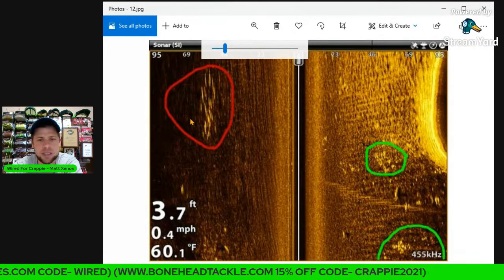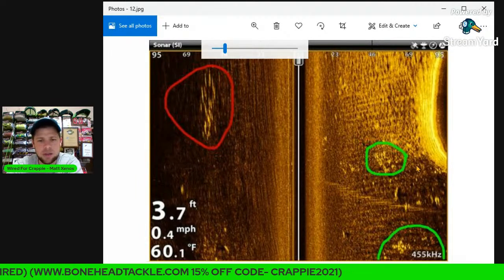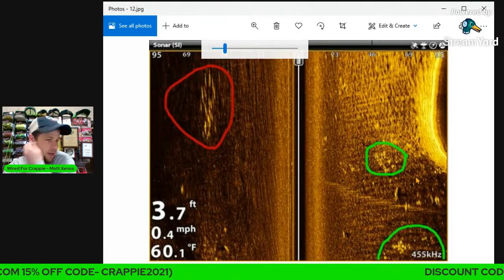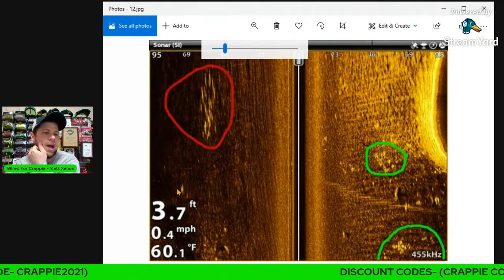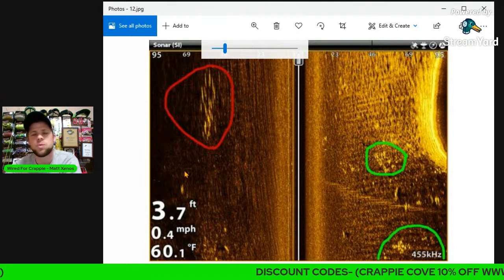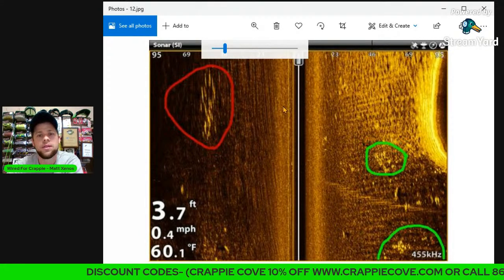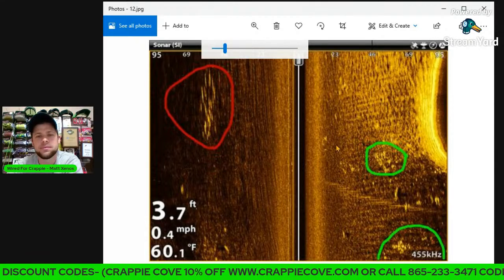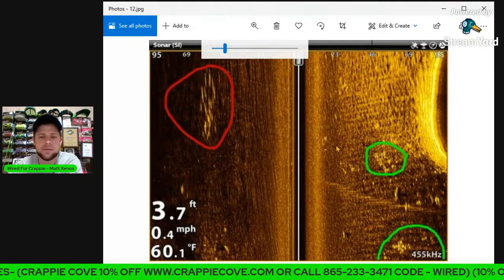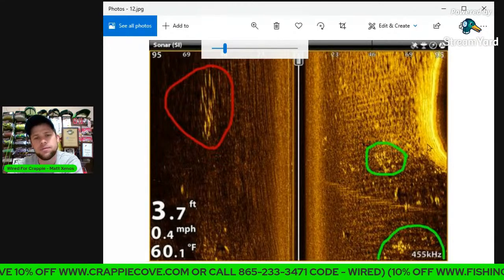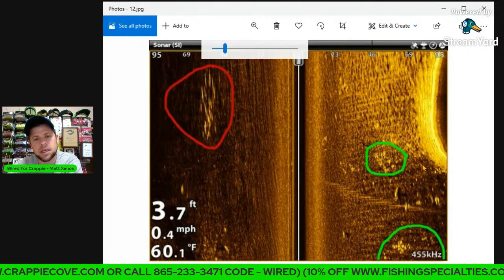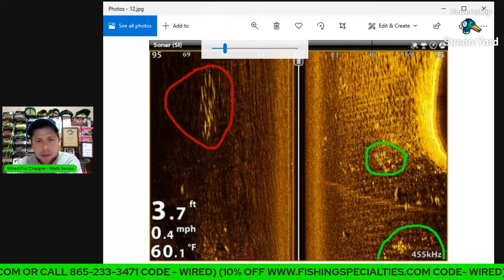And Josh Sanders is going to say, I don't see fish shadows. Yeah, they're there. This is just a Humminbird unit for you. It's very black over here. This is why I don't prefer a Humminbird, because there's a lot of black in their palette. And when I'm looking for shadows, it's very difficult to find those shadows in the palette, because those shadows are actually right there on my cursor.